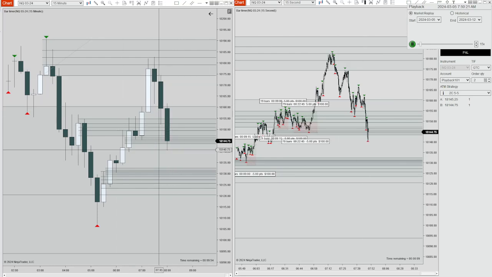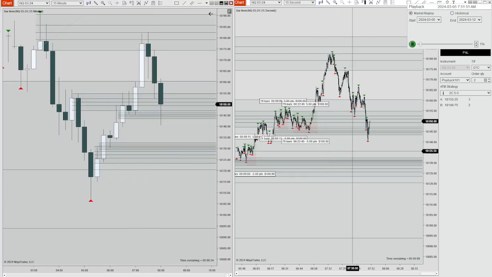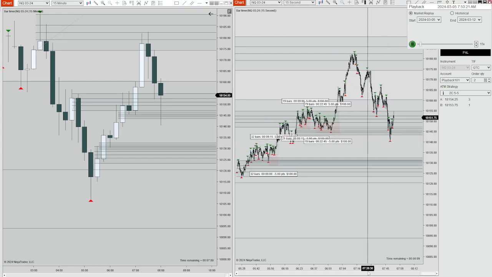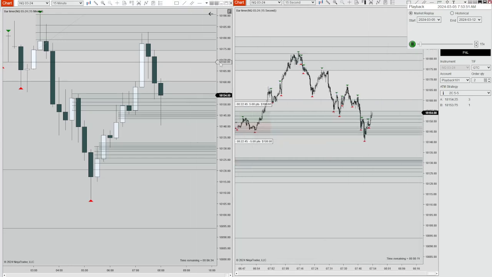Okay, it looks like we are potentially going to put in a 15-minute valid high, so it looks like we do want to start heading down, right? But let's wait until 7 minutes left. Okay, if we flip here, that's pretty bullish.